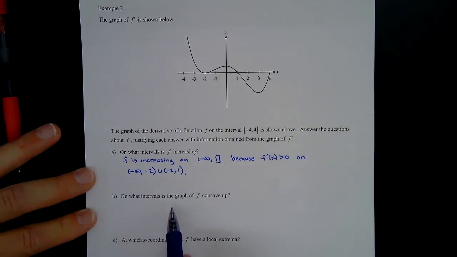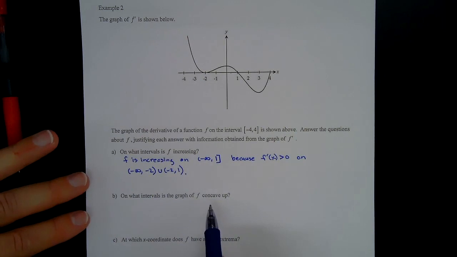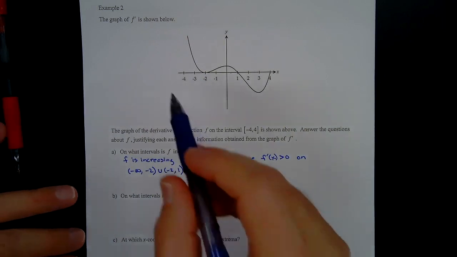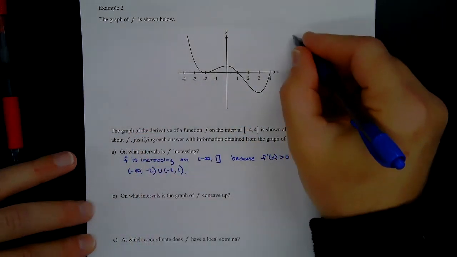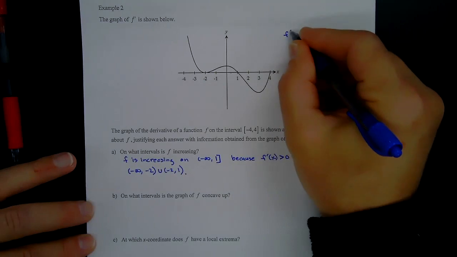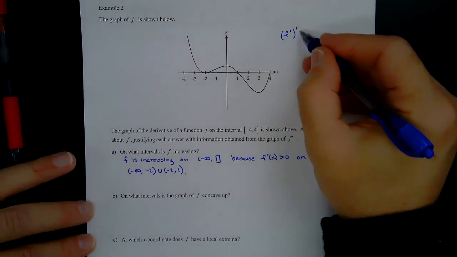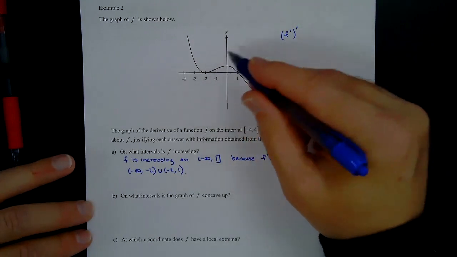So on what intervals is the graph of f concave up? To read concave up, remember concavity is the second derivative, and the second derivative is one derivative away from f prime. So we're going to be looking where f prime is increasing and decreasing to determine concavity.